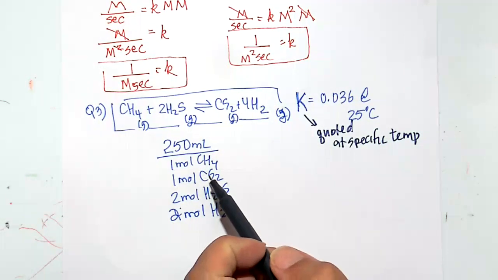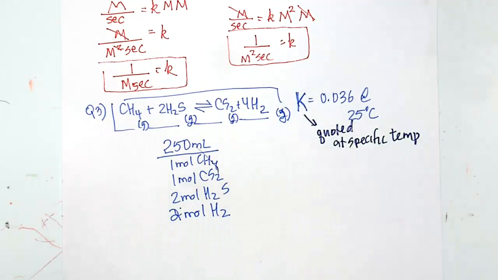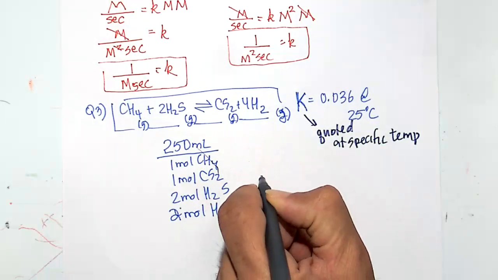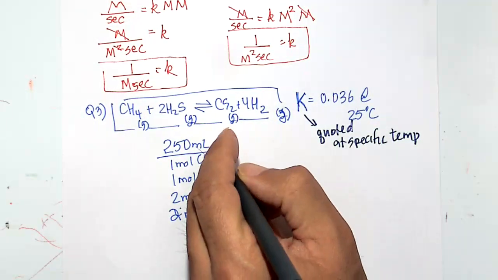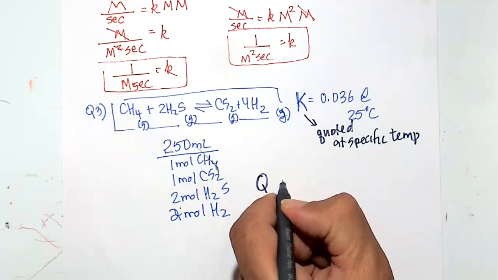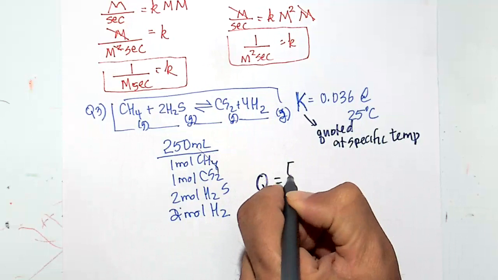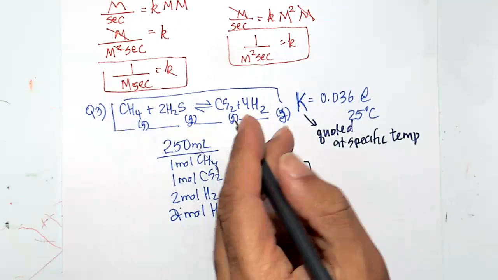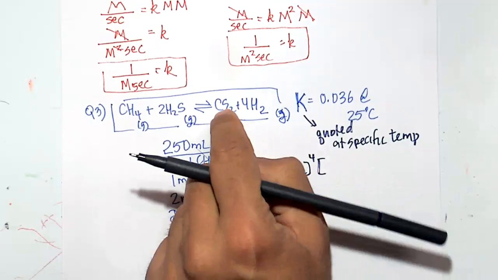All right, under these conditions, are we at equilibrium? All right, here, there's 2 things. Number 1, we need to put the concentrations in K. I'm not going to call it K, I'm going to call it Q. And Q is going to equal to H2. What should we do with that H2? Raise it to the 4th.